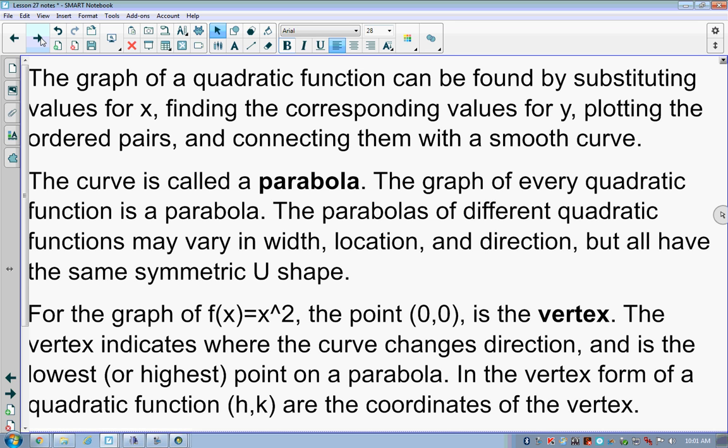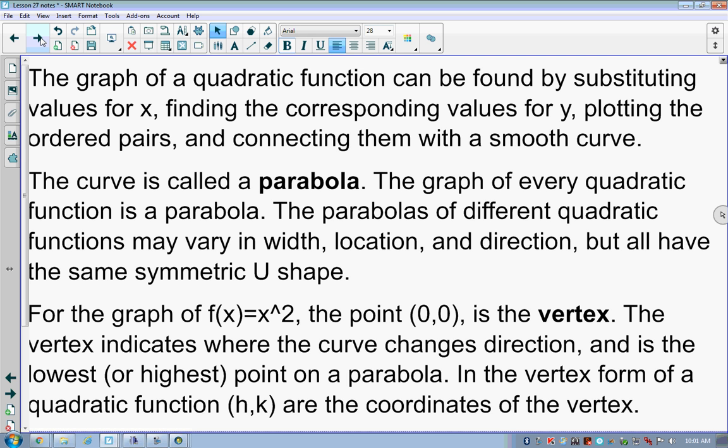The parabolas of different quadratic functions may vary in width. They can vary in location because we can change where that vertex is. They can change in direction. They can either open up or down, but all have that same symmetrical U shape.